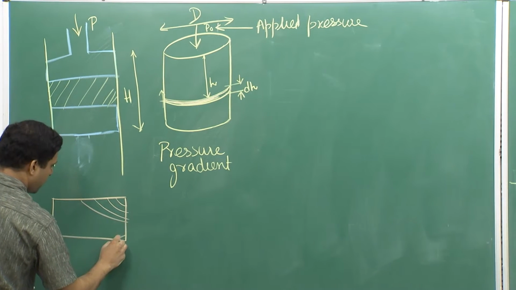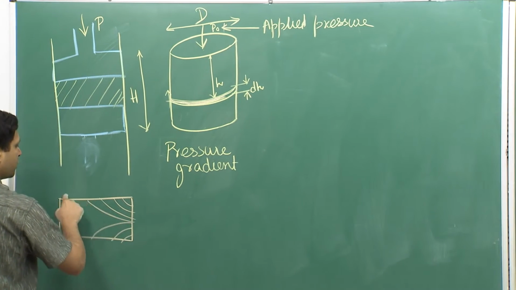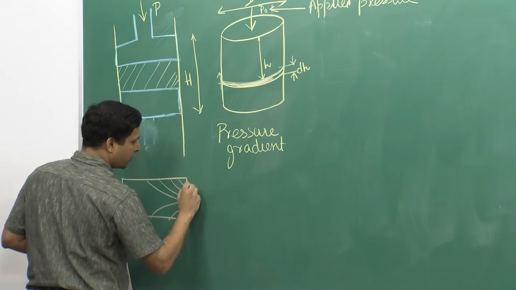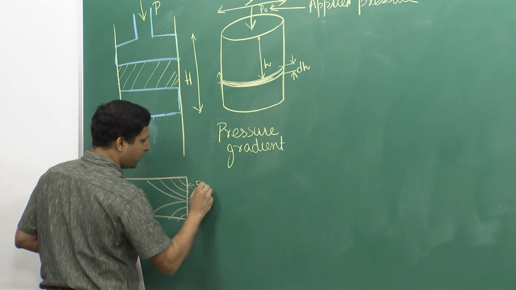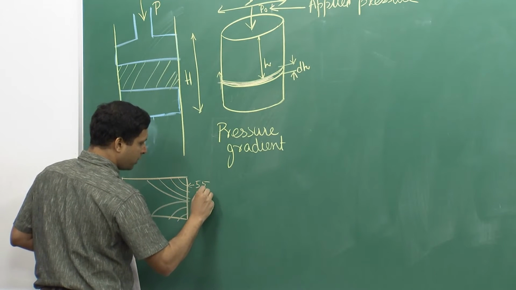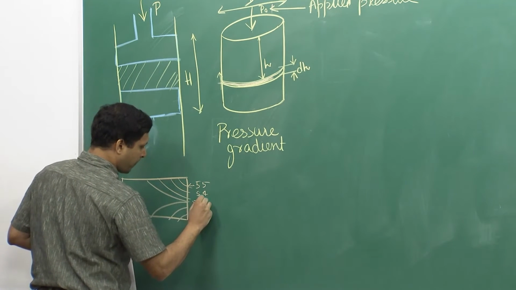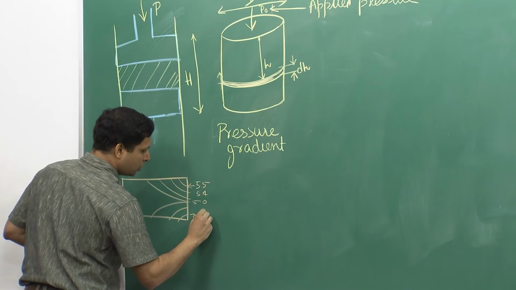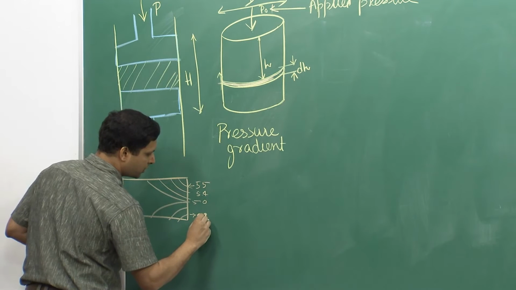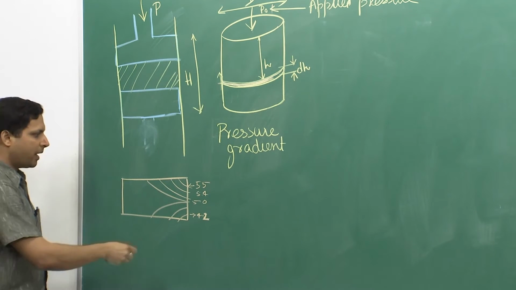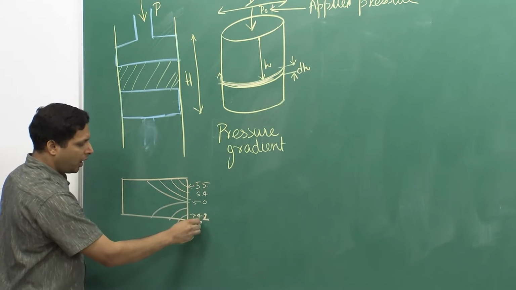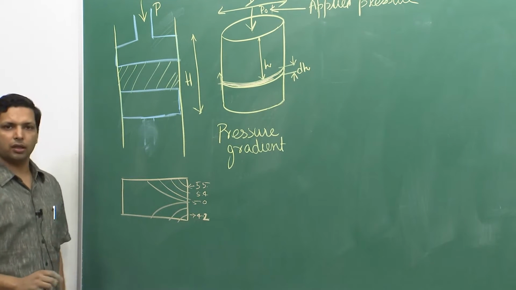Because of some other factors, like friction on the surface, the density distribution would look like this. For example, this will be very high density, this will keep on reducing, and it may reach even something like this. So, these are some relative comparisons of that variation in density. This is very dense and slowly the density has reduced.